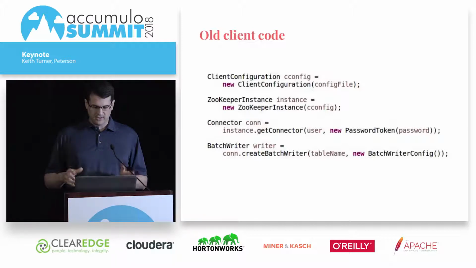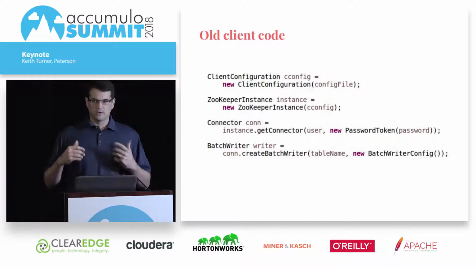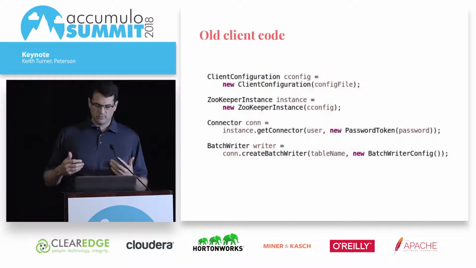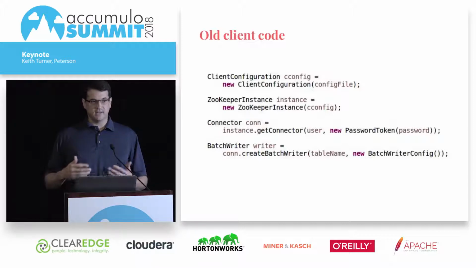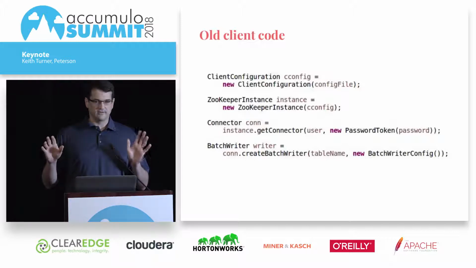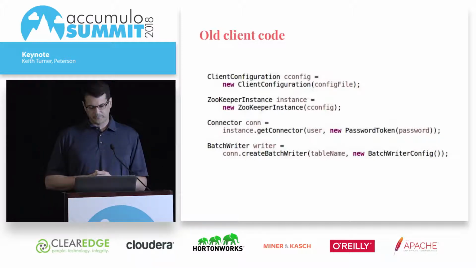But in addition to not being intuitive and nice to look at, it also has some drawbacks. For Accumulo 2, we wanted to be able to put everything you need to connect to Accumulo in a config file, and then you could just give that config file to the Accumulo API and say, give me a connector. Let me talk to Accumulo.